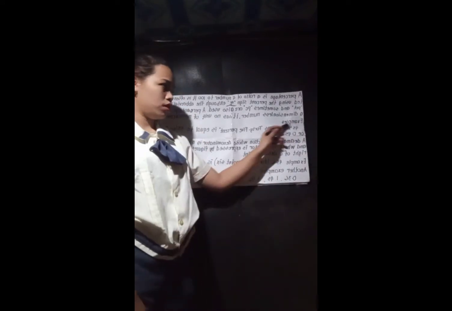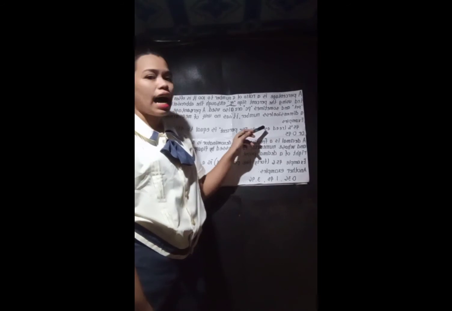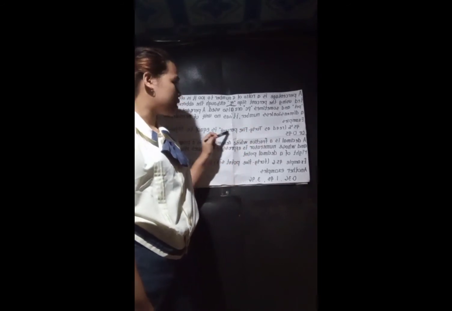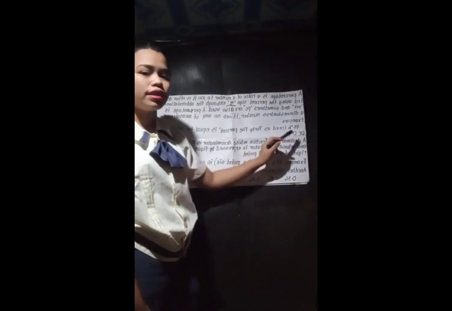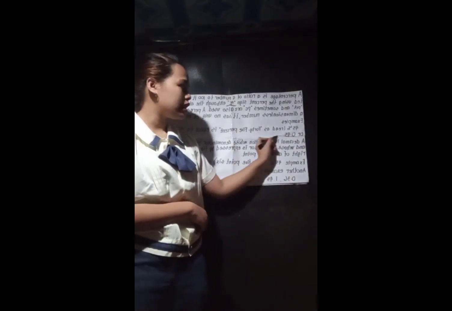For example, 45% is read as 45 percent, which is equal to 45 over 100, or 0.45, a fraction and a decimal.